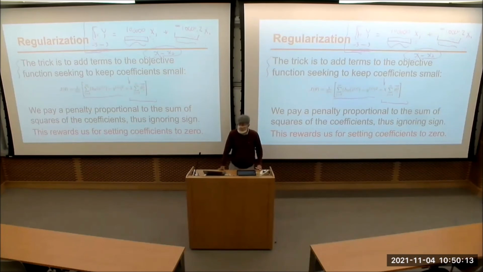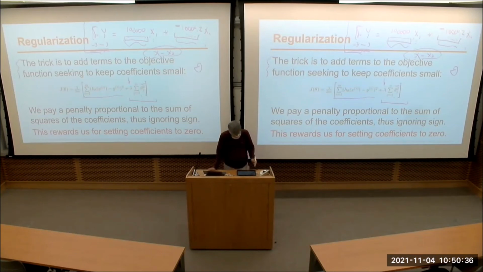You see what we're doing here? If the coefficient vector is this theta vector, this says sum up the squares of the coefficients, and we're going to have lambda times that added to our error objective.